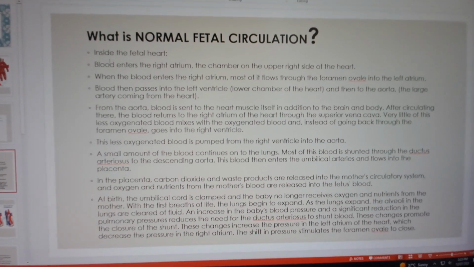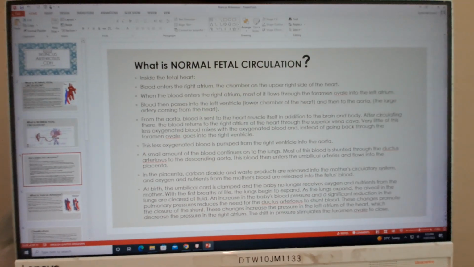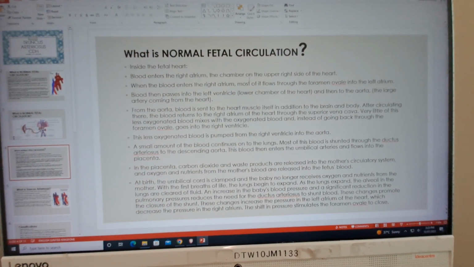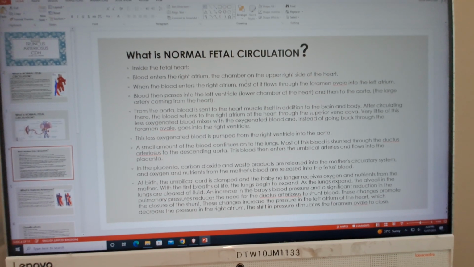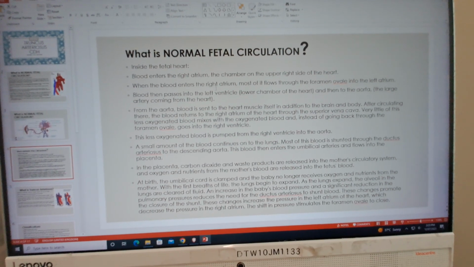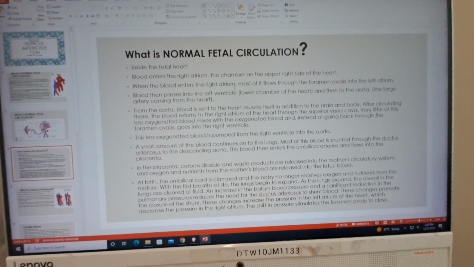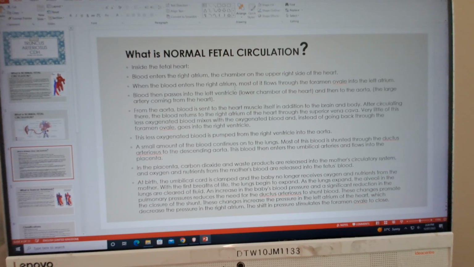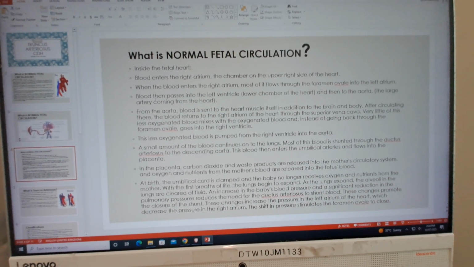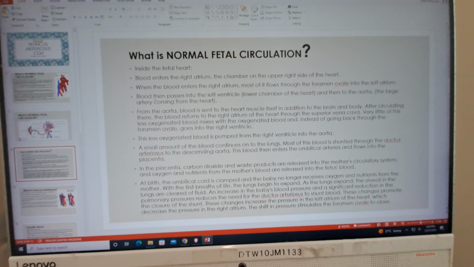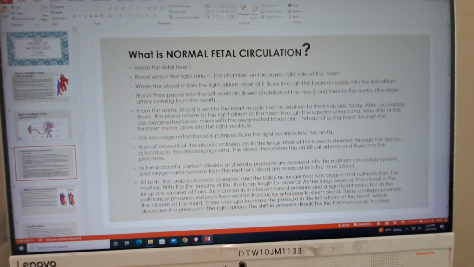Inside the fetal heart, the blood enters into the right atrium, the chamber on the right upper side of the heart. When the blood enters the right atrium, most of it flows through the foramen ovale into the left atrium. The blood passes into the left ventricle and then into the aorta.